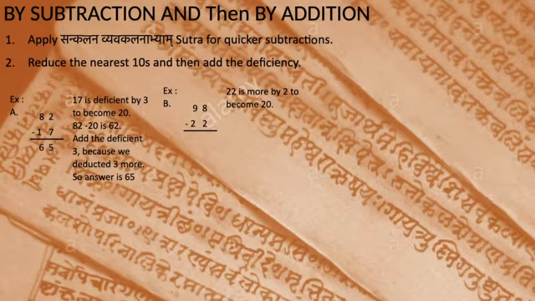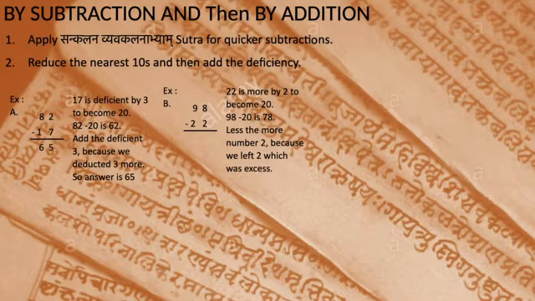It is 2 more than 20. We can use that. We can as well do that 22 is nearer to 30. Now what we can do is 98, we'll less 20 first, which becomes 78. We have 2 more to be deducted, right? If we deduct that 2 more, then the answer becomes 76.